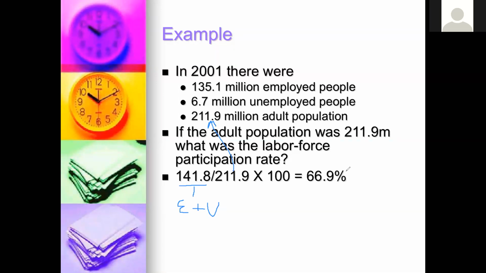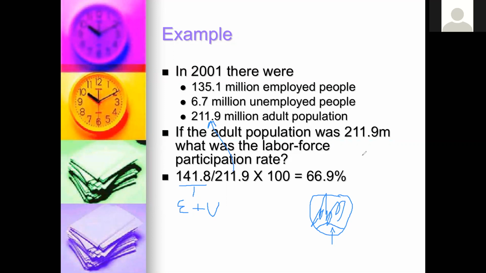Now, what this means is that 66.9% of the adult population, about this many people here, are employed. That means this section right here are individuals not in the labor force. About 34.1% are not in the labor force.